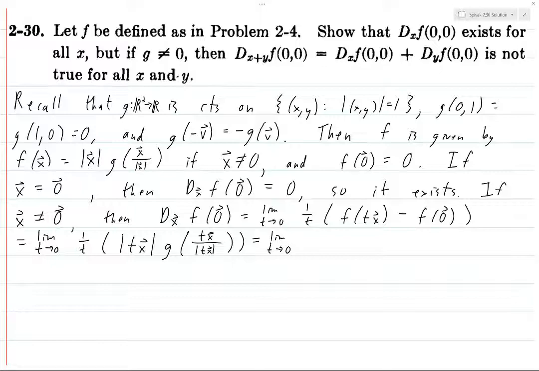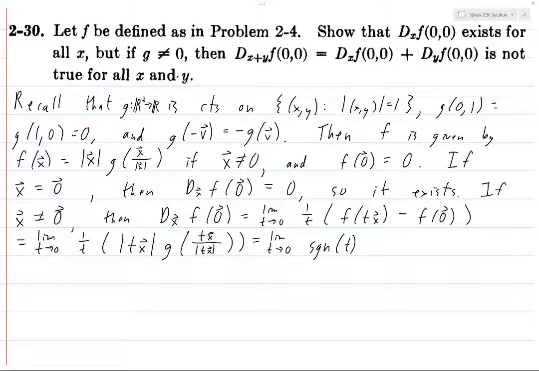And if t is negative, then the norm of t divided by t is going to be minus 1. So it's just going to be the sign of t.